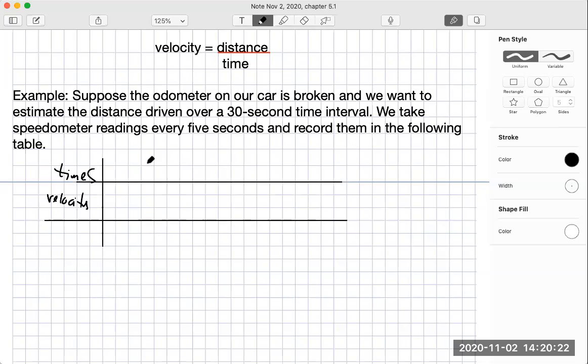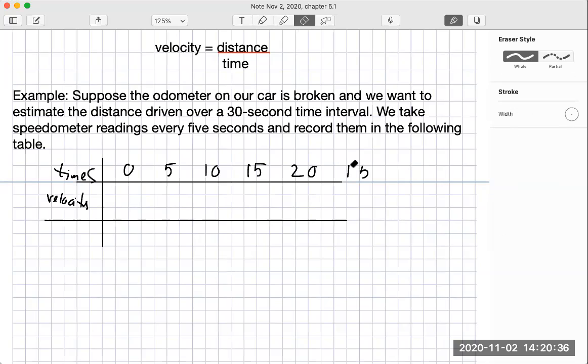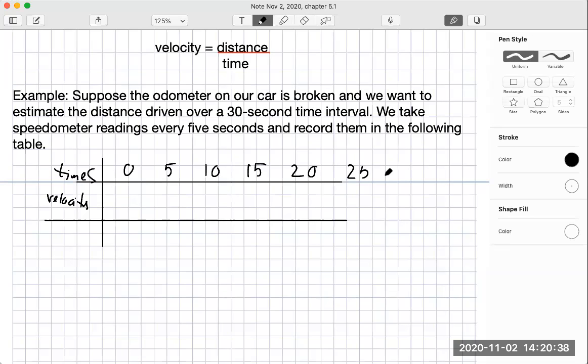And the initial times are 0, 5, 10, 15, 20, 25, and 30.